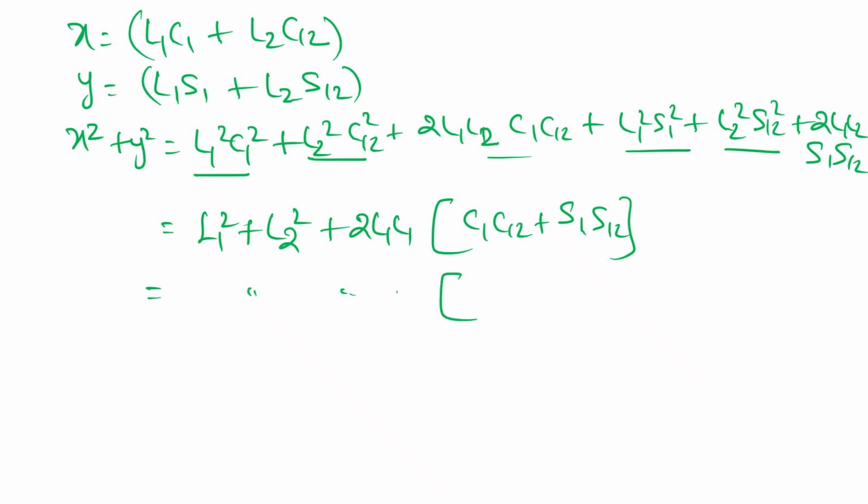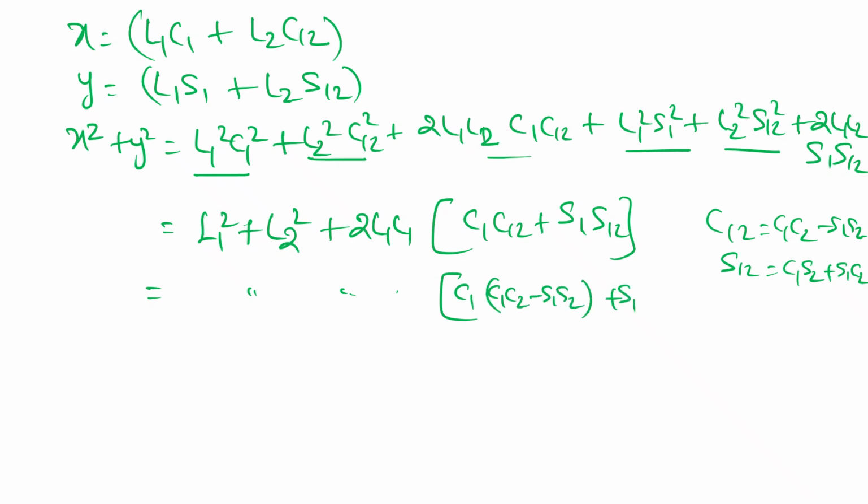So here we have to do something. C12 means cos of theta 1 plus theta 2. By the trigonometric identities, the formula is C1 C2 minus S1 S2, and S12 is C1 S2 plus S1 C2. Let's substitute: in the place of C12, write C1 C2 minus S1 S2, plus S1 times, in the place of S12, C1 S2 plus S1 C2.